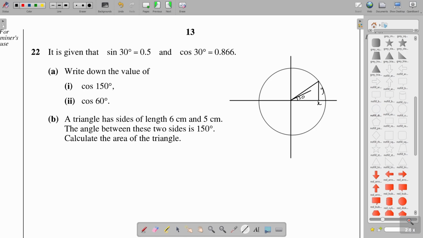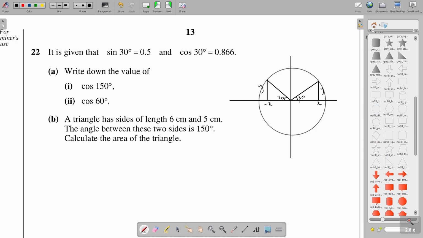And then if I make a similar line going to 150 degrees, where this would be 150 degrees, and if you minus 150 from 180, you get left with 30. So this is a triangle, but over here with 30 degrees. And if we make a similar triangle here, now the base of this would be some negative value of x. It would be the same value of x, but negative here, and the y would still be positive.